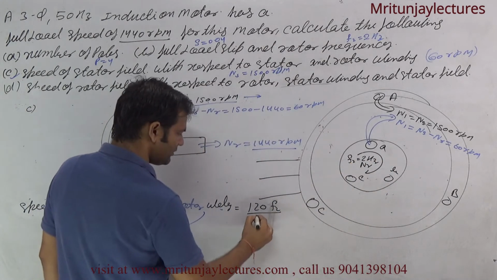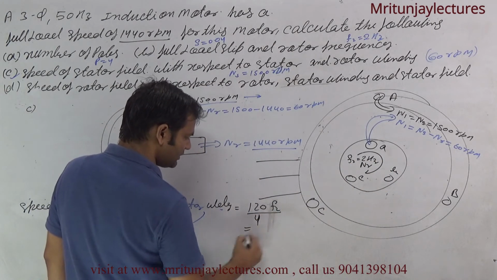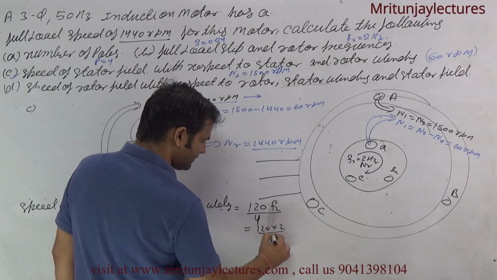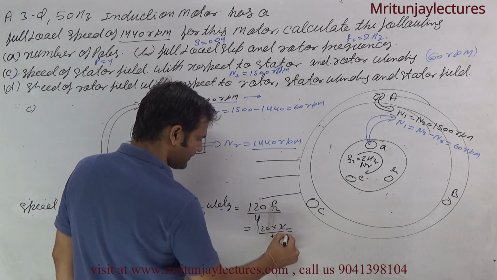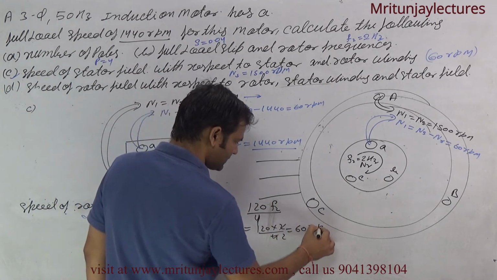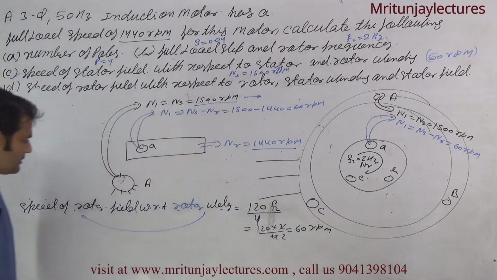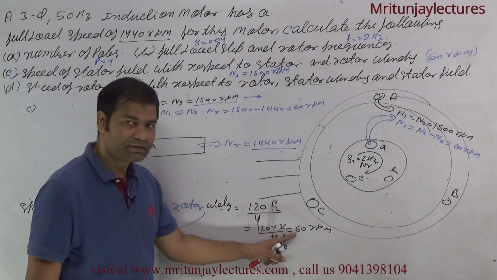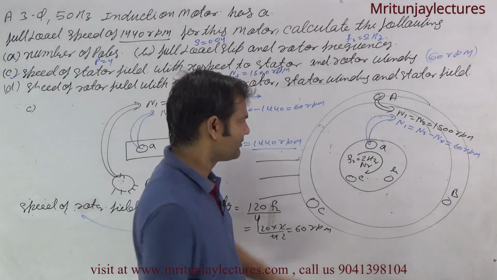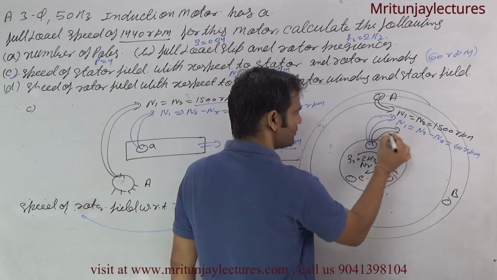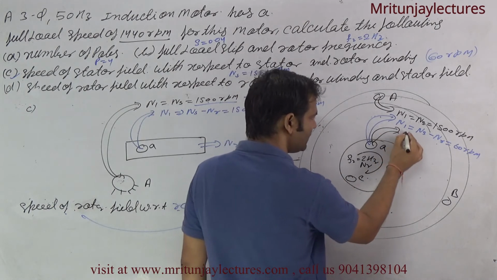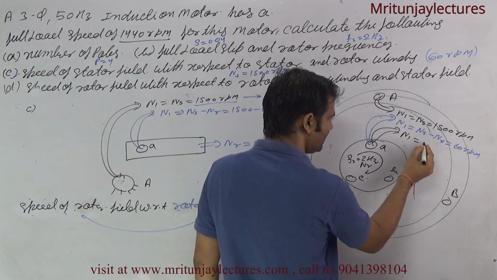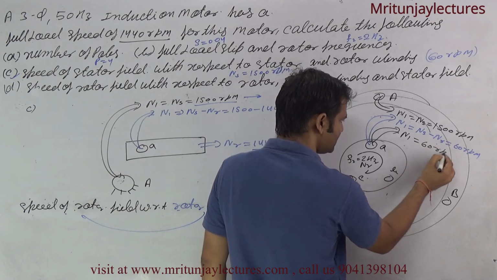The number of poles is 4, so 120 times 2 divided by 4 is 60 rpm. Clear? It means you sit on the rotor winding and see the rotor field: 60 rpm, meaning the rotor field also rotates in the direction of the stator field.